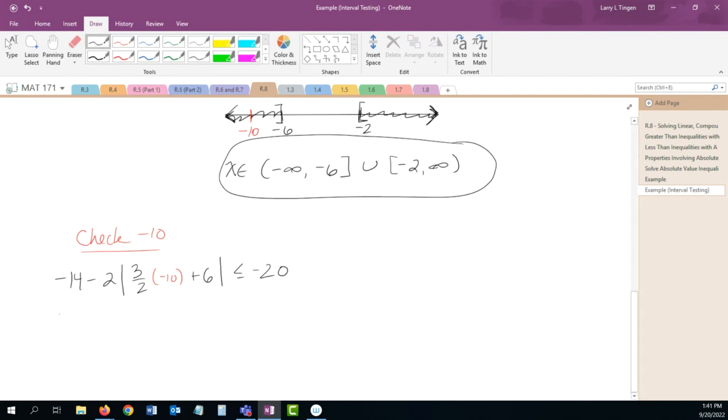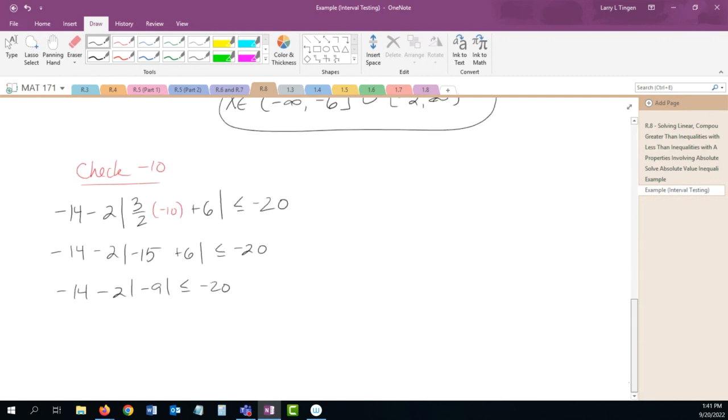Do I? Let's find out. Negative 14 minus 2, negative 3/2 times negative 10 is negative 15. Negative 15 plus 6 is negative 9.